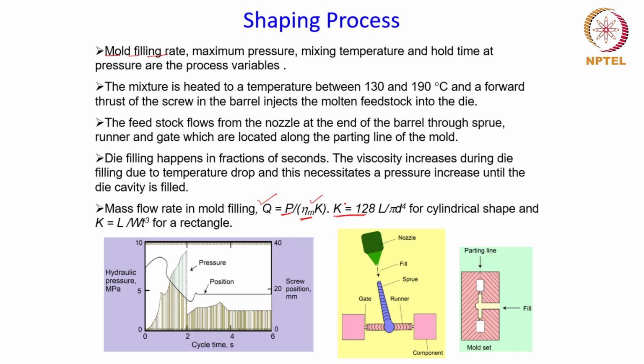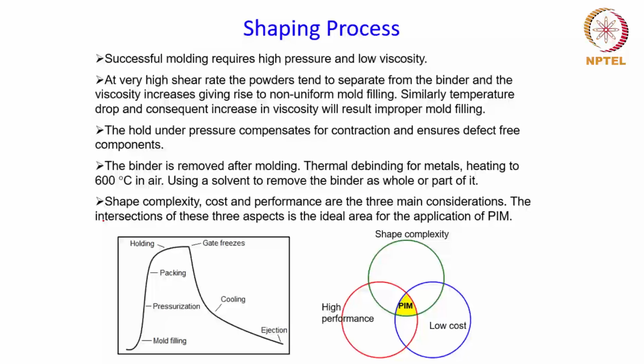For example, for a cylindrical shape it is given by this relation over here, and if it is some other shape like rectangular shape, then again accordingly, depending on the dimensions, the k will vary. Then we talked about the process cycle again in terms of the pressure and the time, the pressure time cycle.